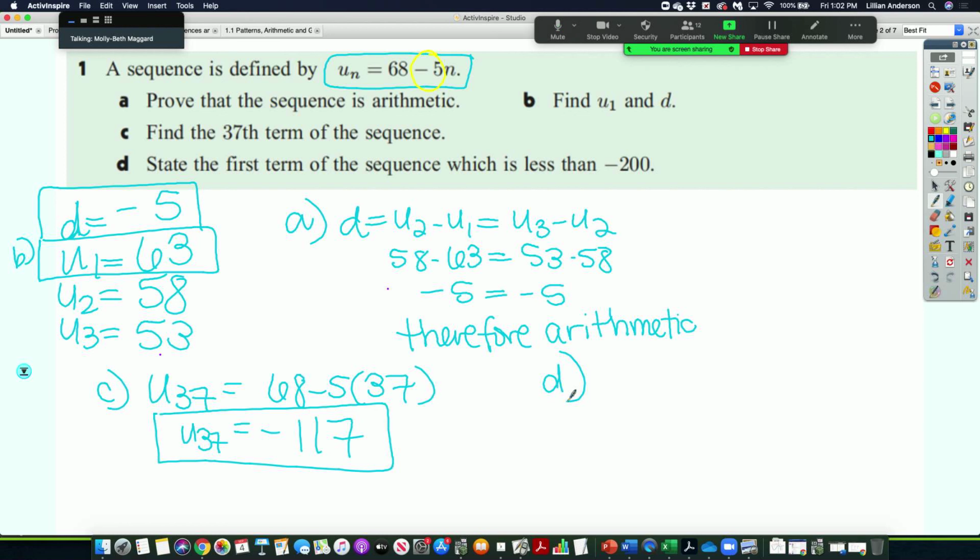Miss Anderson, on the homework, I don't know if there was a different copy or something, but the actual sequence didn't copy onto the homework. Like it was a broken picture icon? It didn't have a 68 minus 5n, so I just didn't do it because of that. Okay.